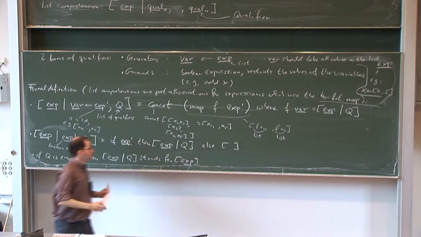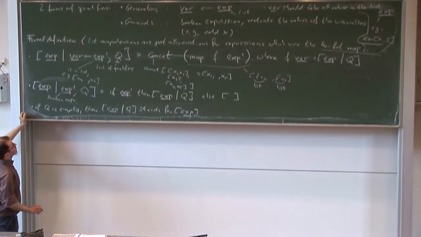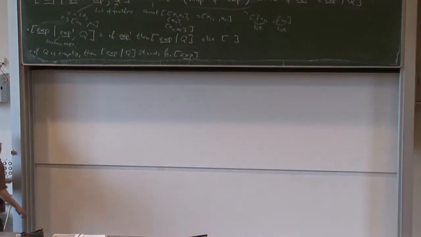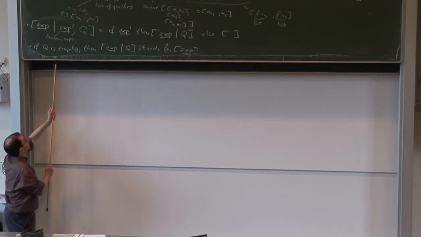So in this way, you can now transform all list comprehensions recursively by taking away one qualifier after another into a big expression without list comprehensions. And this indicates that list comprehensions are really just a shorthand to make things more readable. Now, let's finish our example.